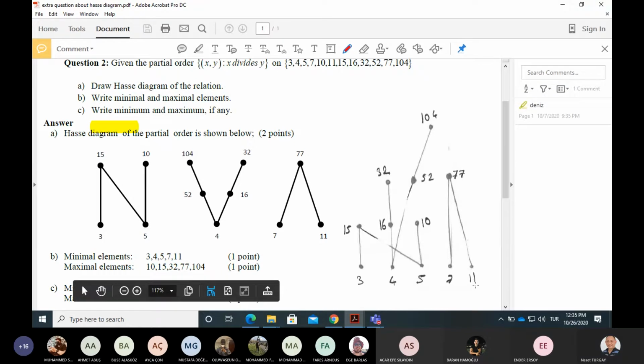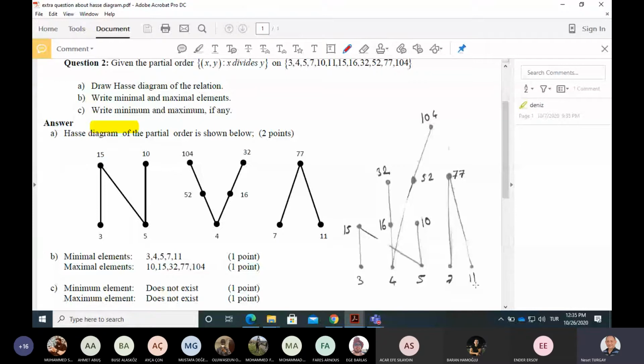Okay. Now we continue. Does 11 divide 50? No. But when I look at these guys, I see that, for example, immediately 3 divides 15. So 15 has to be in the upper level of 3. Then you can make a line like that. What else? 5.